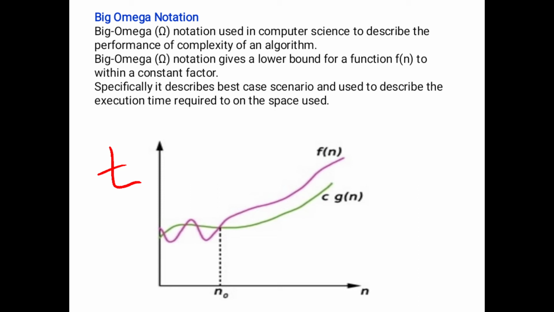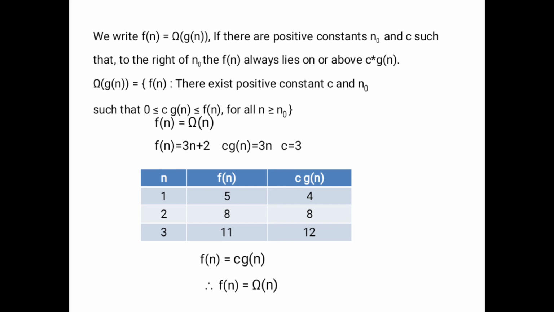Here it is reversed, that means c g of n is less than f of n. So we write f of n equals big omega of g of n. That is a very important thing. So the overall function f of n is represented as omega of g of n, because this is omega notation.